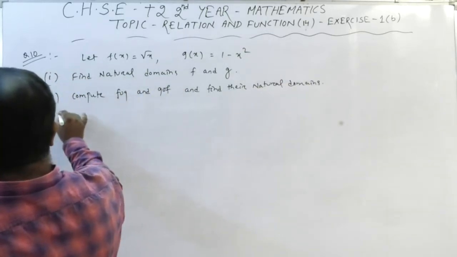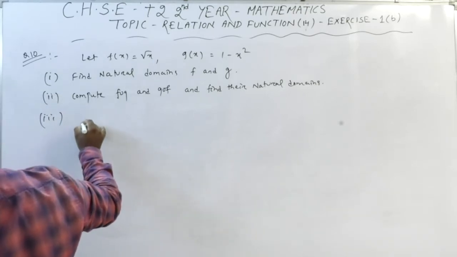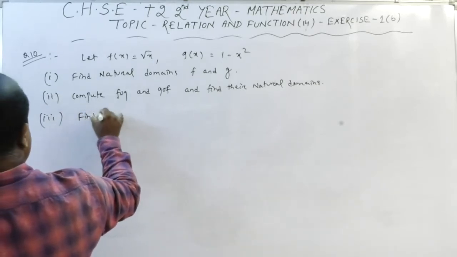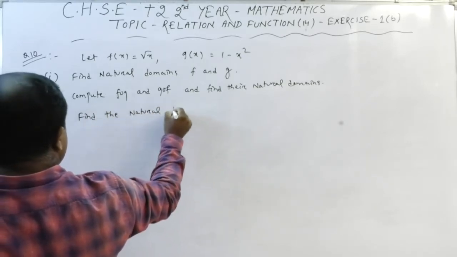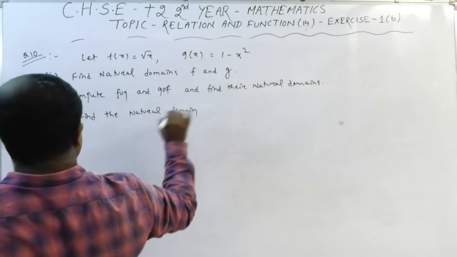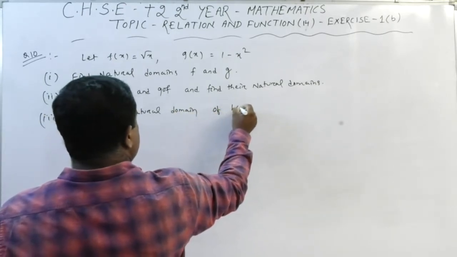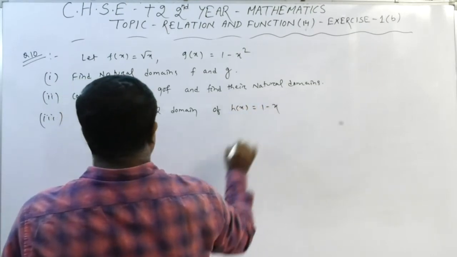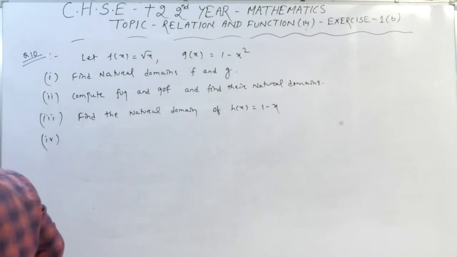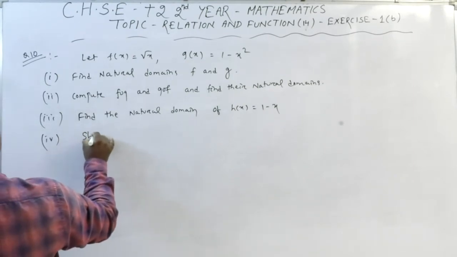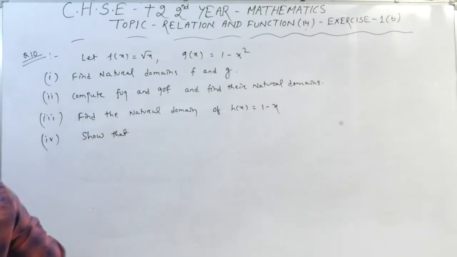Next is, find the natural domain of h of x equal to 1 minus x, so that h is equal to g∘f.